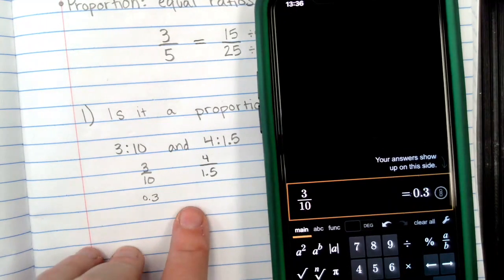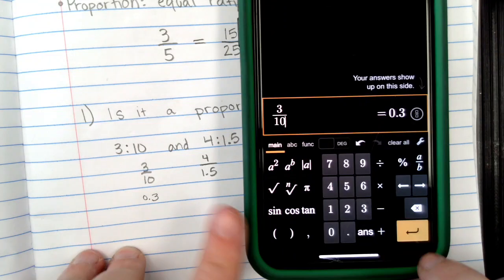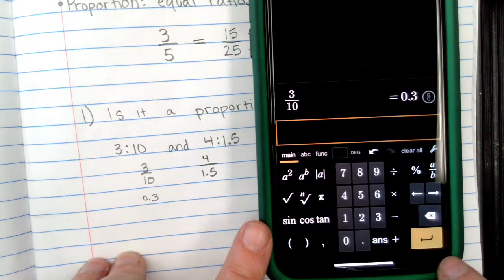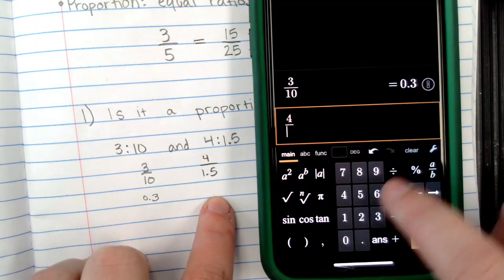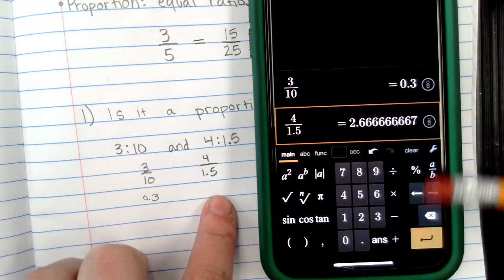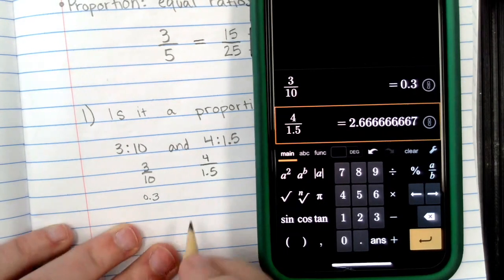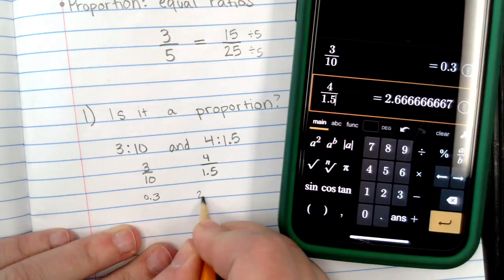And I'm going to hit this enter sign at the bottom. Normally it's blue, but I reversed my contrast so you could see it better. And then 4 divided by 1.5. And that way I can compare them top and bottom. For the sake of notes, I'm going to write that in as 2.6 repeating.